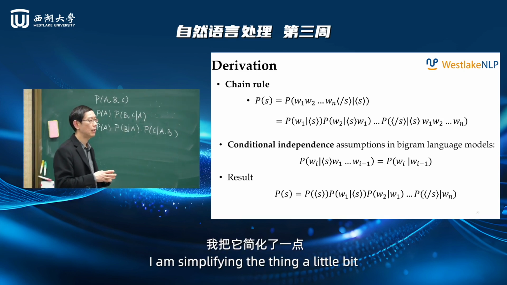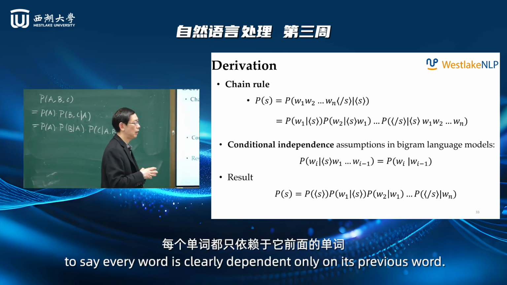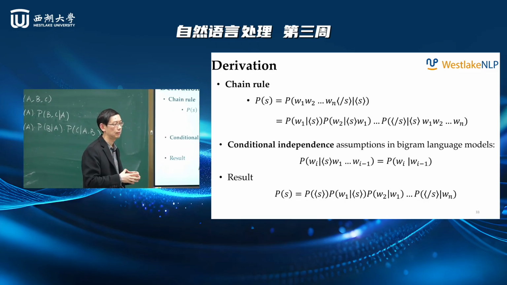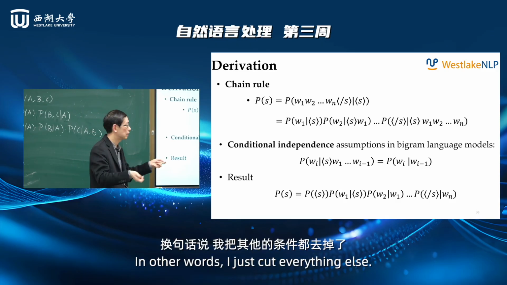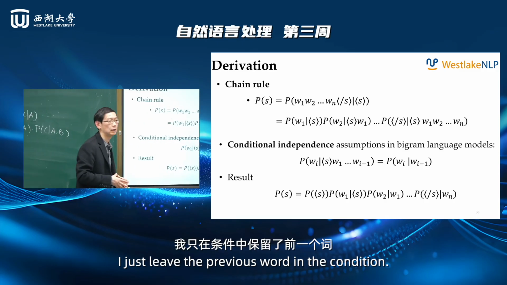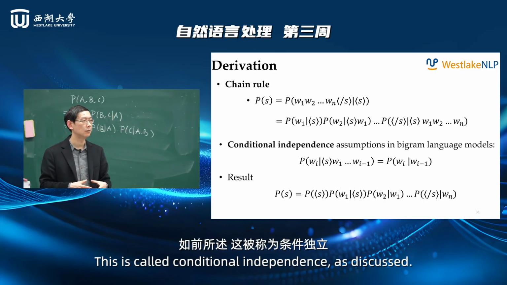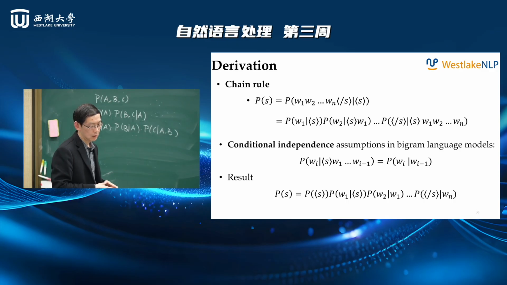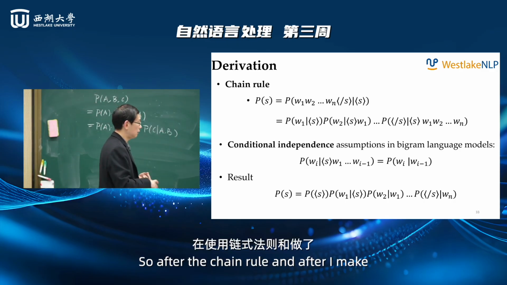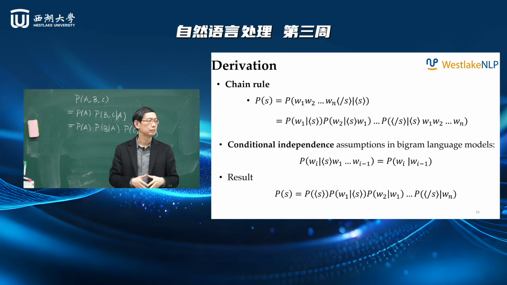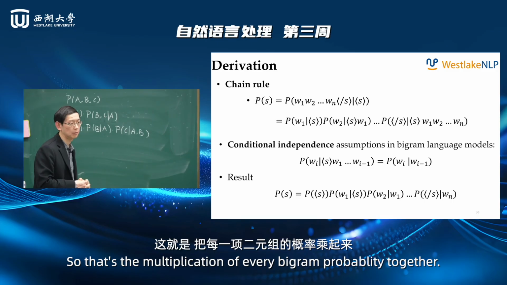I am simplifying a little bit to say every word is conditionally dependent only on its previous word. In other words, I just cut everything else. I just leave the previous word in the condition. This is called conditional independence, as discussed. So after the chain rule and after I make independence assumptions, I get this equation. That's the multiplication of every bigram probability together.